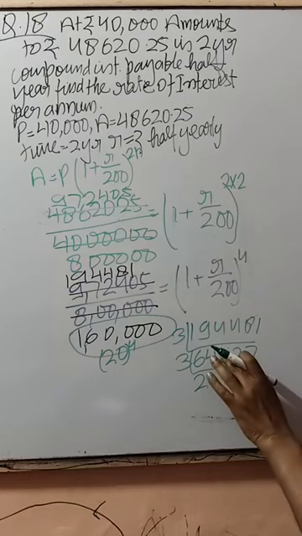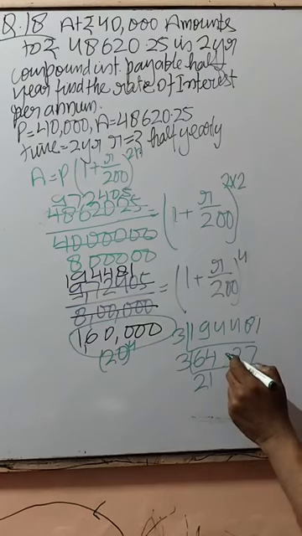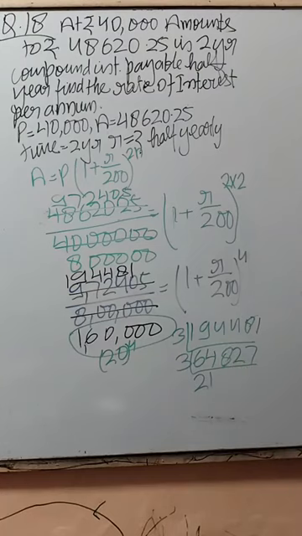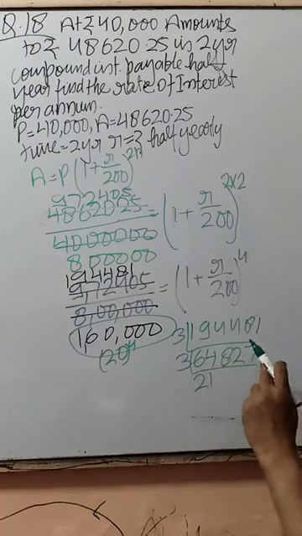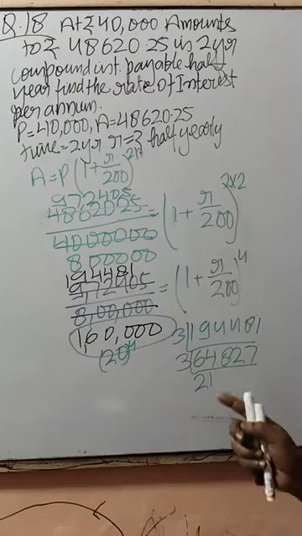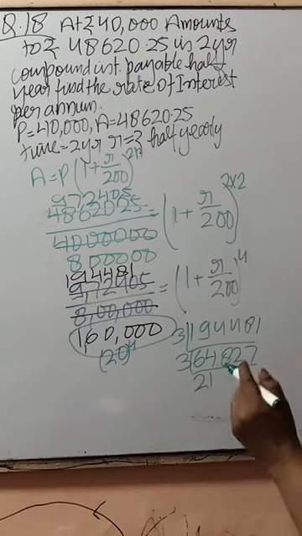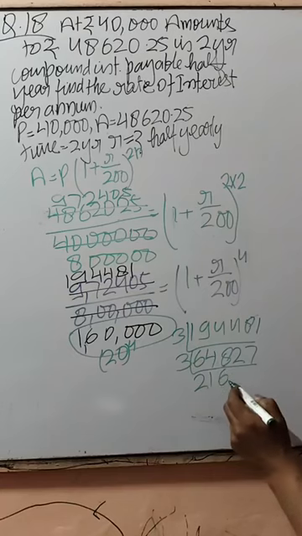So 24, 64827. Now it is 3 times 2 becomes 6, 3 times 1 becomes 3, 6, 0, 9.